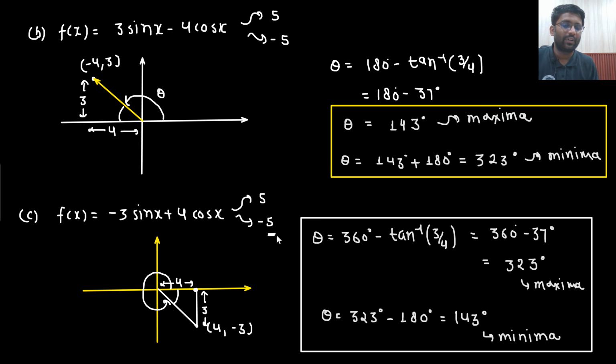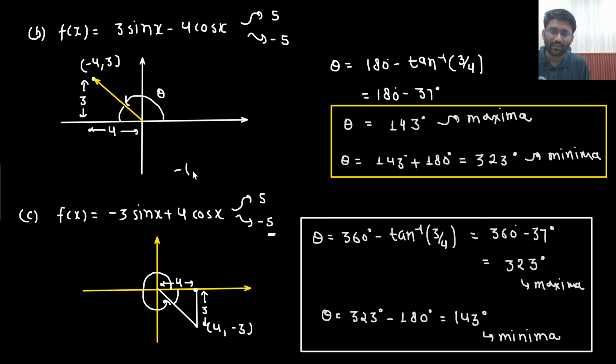So let's put 143 degrees. Put 143 degrees, calculate the value of sine, then multiply with minus 3.